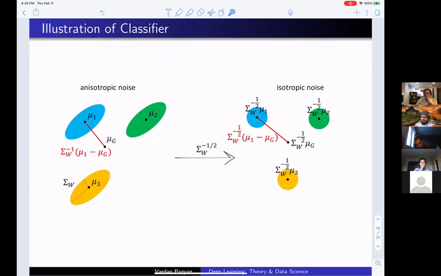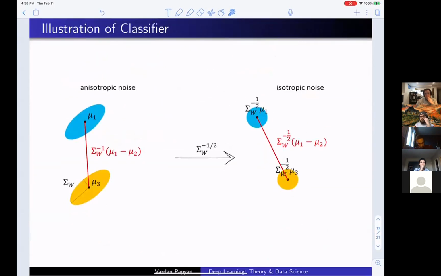Now, let's consider a specific case where we only have two classes. In this case, the global mean is going to be somewhere here, right? This is the global mean, mu g, multiplied by sigma w to the minus half. And the classifier is basically sigma w to the minus half times (mu1 minus mu2), which is proportional to sigma w to the minus half multiplied by (mu1 minus mu g).